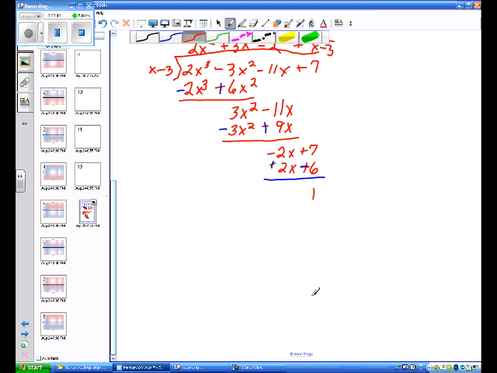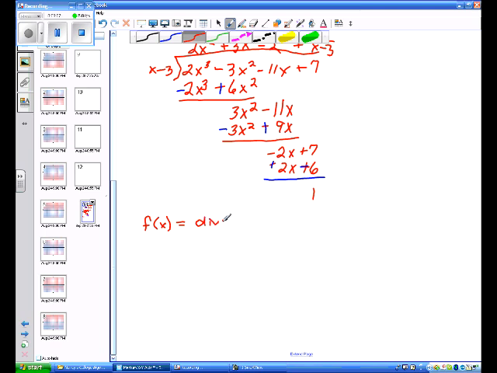Now we have what we call a division algorithm, and in that it says that when you have a polynomial or a function, you could actually write it out. I'm just going to write this out in words.